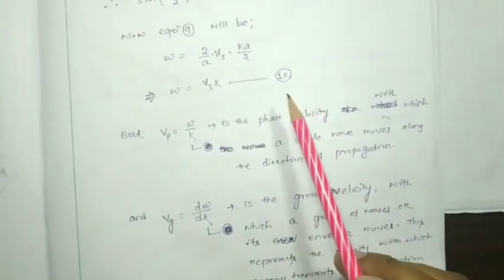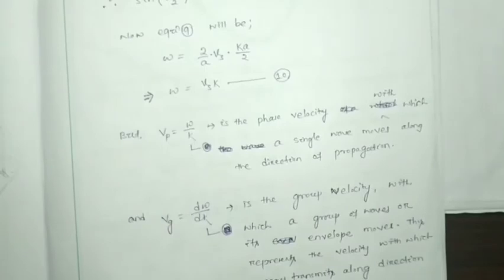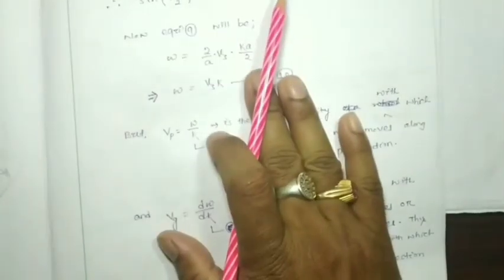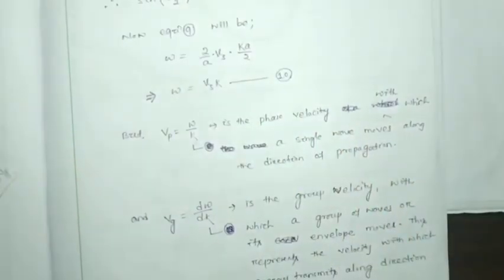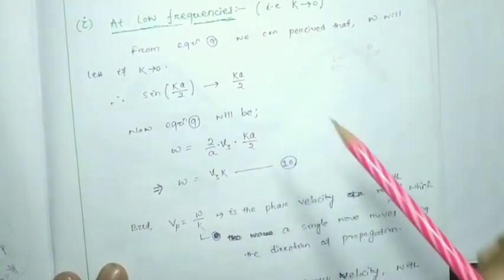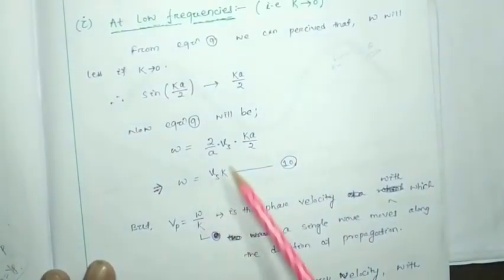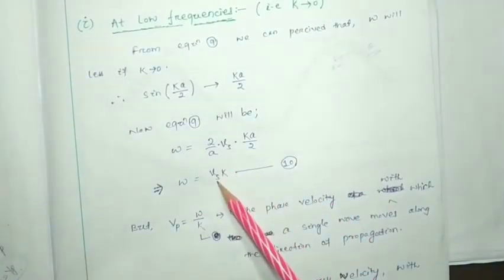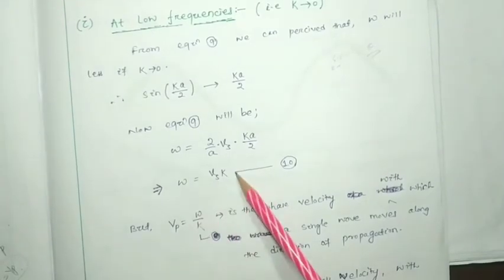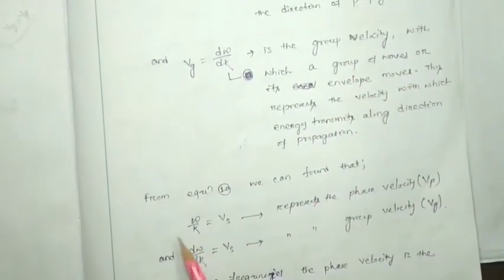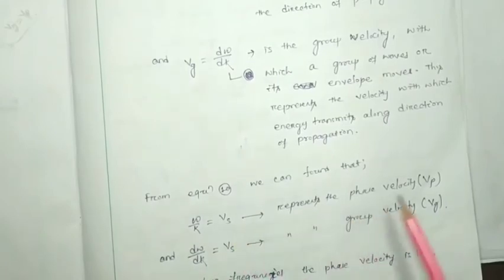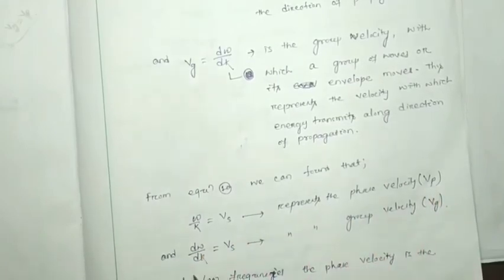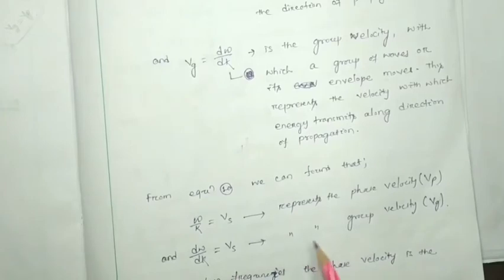From equation number 10, one can find that omega by k equals Vs and d omega by dk is also Vs. So here omega by k equals Vs represents the phase velocity, and d omega by dk equal to Vs also represents the group velocity at low frequency.